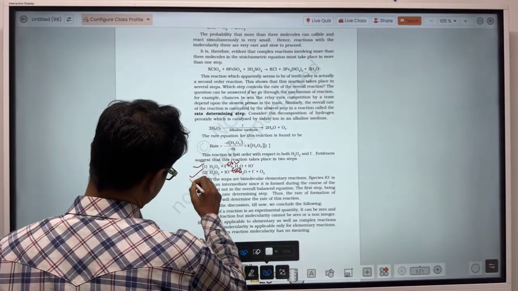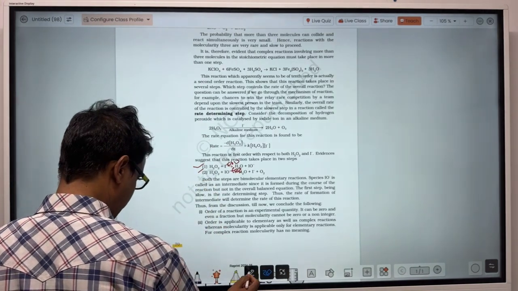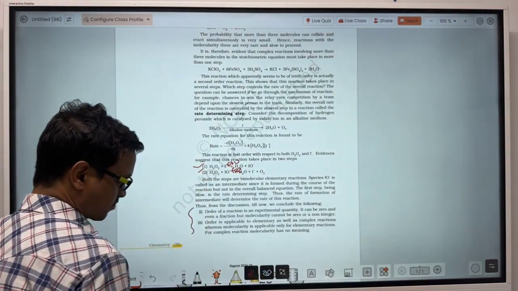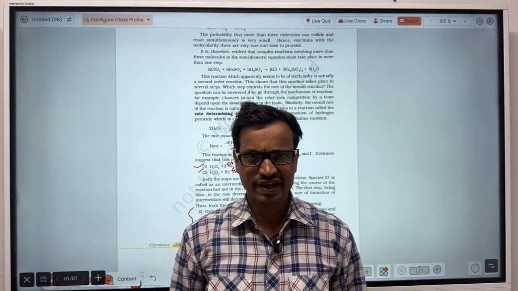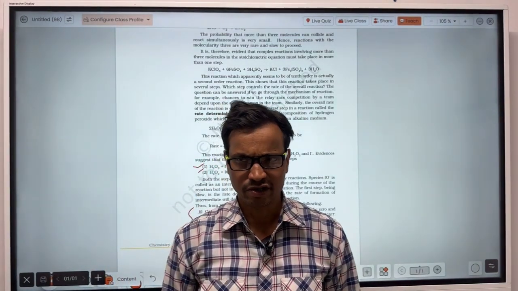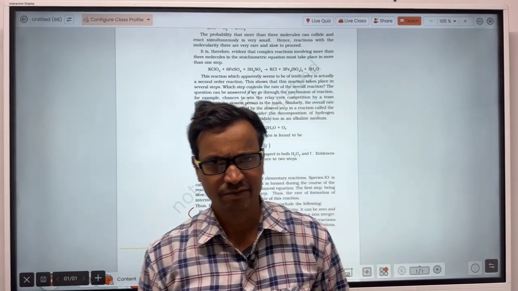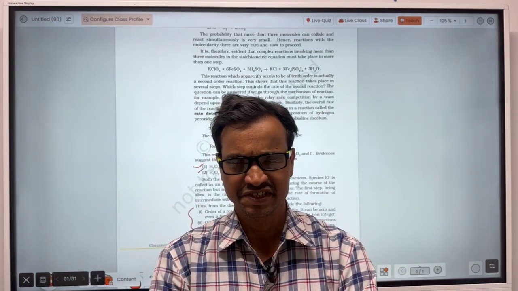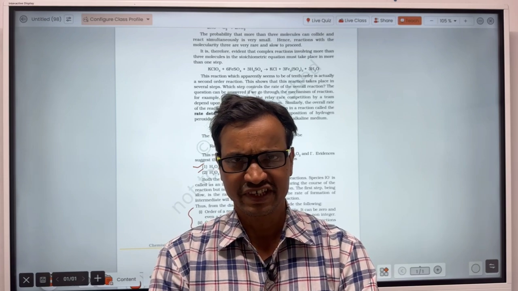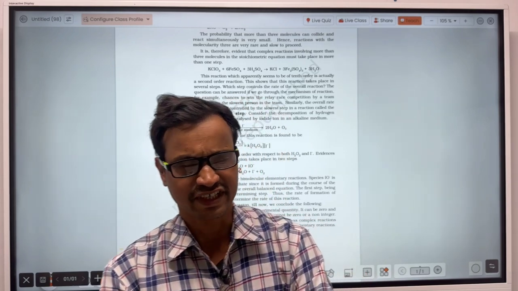Next is the difference between molecularity of reaction and order of reaction. In the 12th board examination, a frequently asked question is to write the difference between molecularity of reaction and order of reaction.